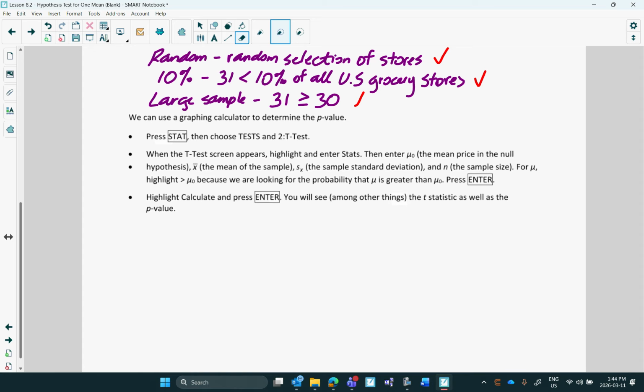So we've got a t-test. What is the null mean? 194.